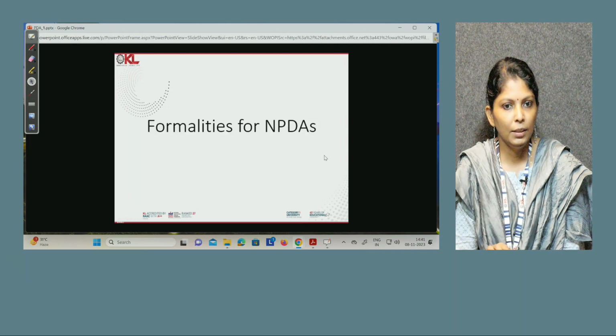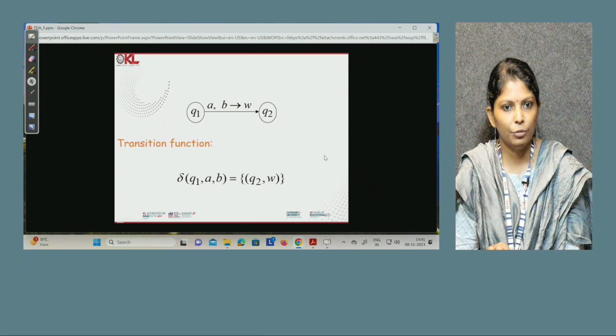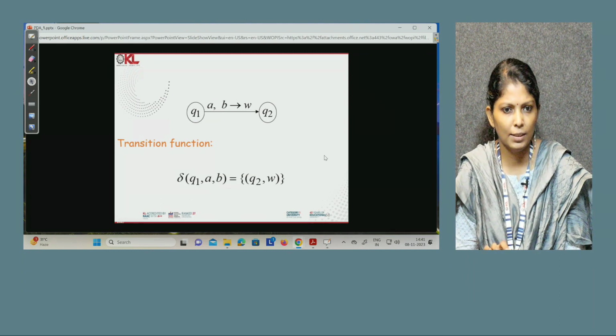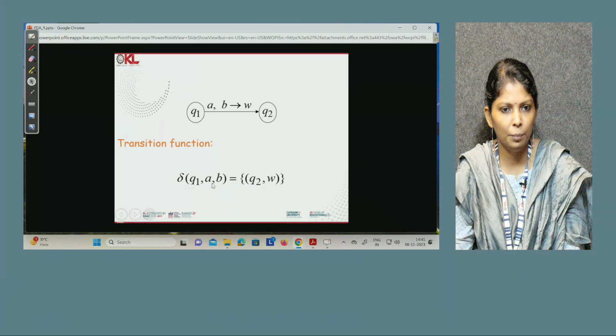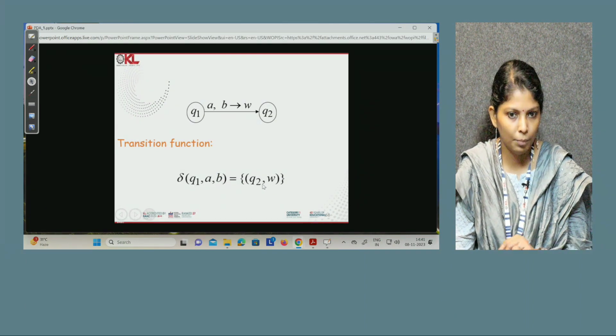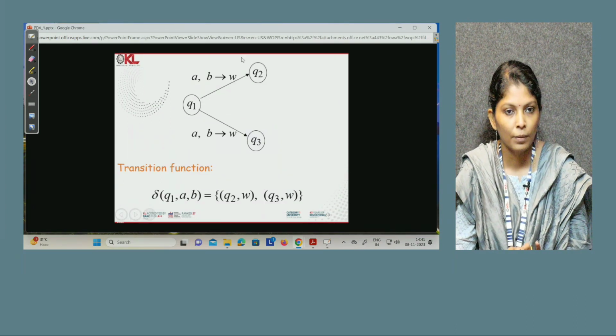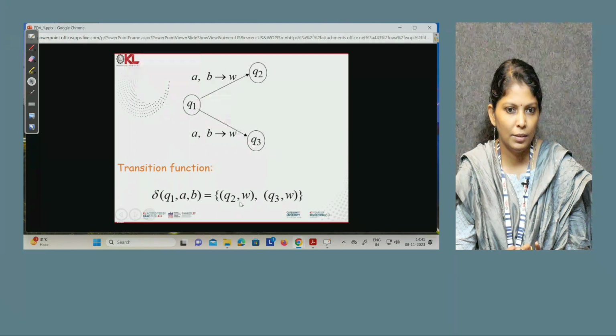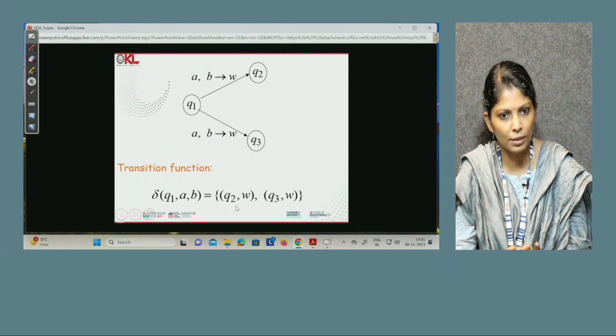Then the definitions and formalities of NPDA. Delta is the transition function. In delta of Q1, A, B, A is the input symbol and B is the stack top. Then Q2 will be the next state and W, the string, will replace the stack top. When we have multiple transitions, we write it like this: the next state could be Q2 or it could be Q3.